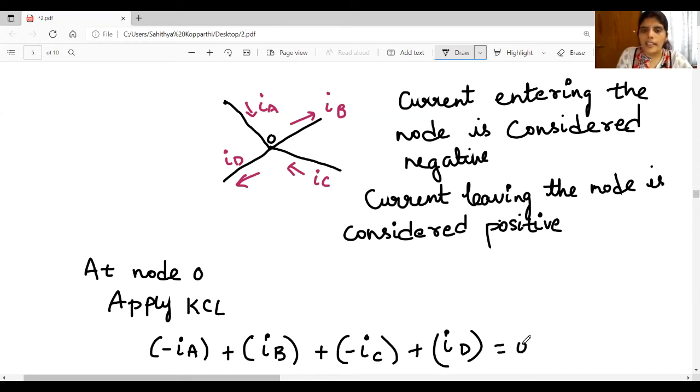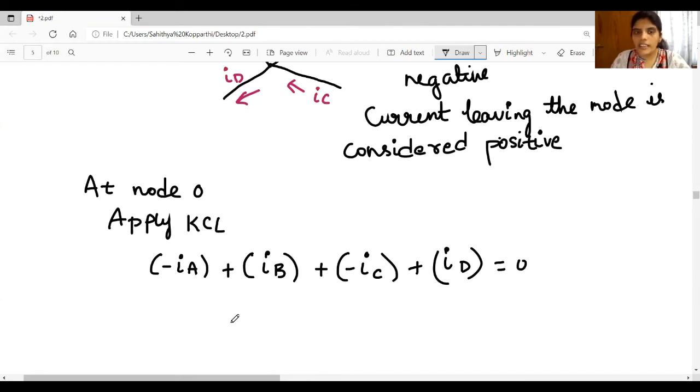Now take IA and IC to the other side, so we get IA plus IC is equal to IB plus ID.